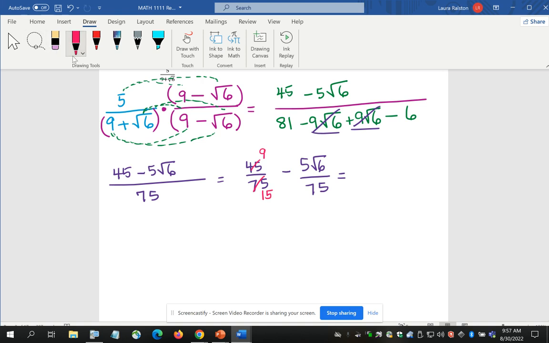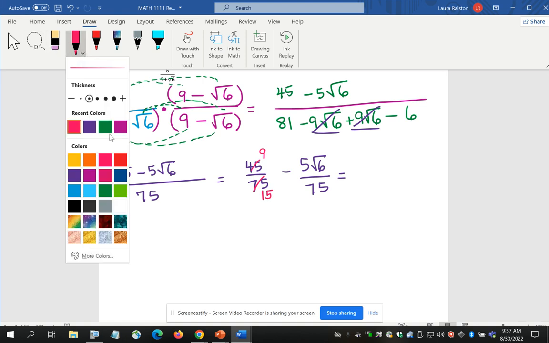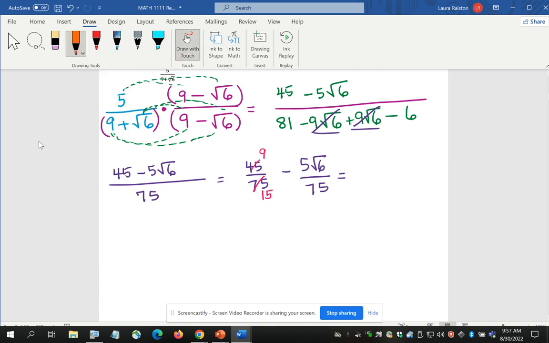And then I noticed that both of those numbers can also be divided by 3. So 9 divided by 3 is 3. Excuse me, 15 divided by 3 is 5. So I have 3/5. You always put it in lowest terms. Minus 5 goes into 75 15 times.